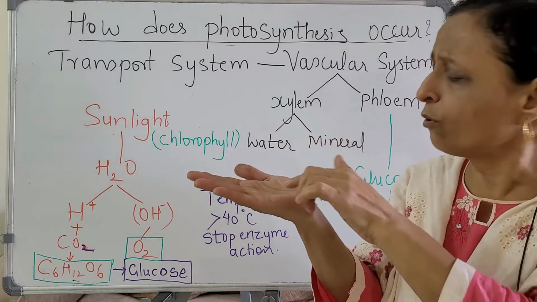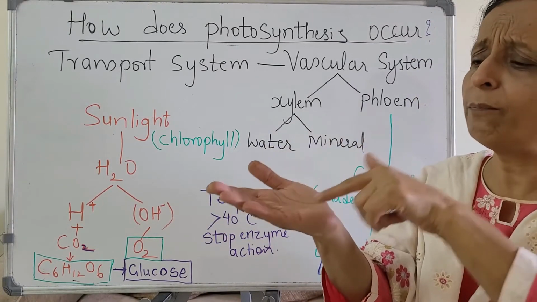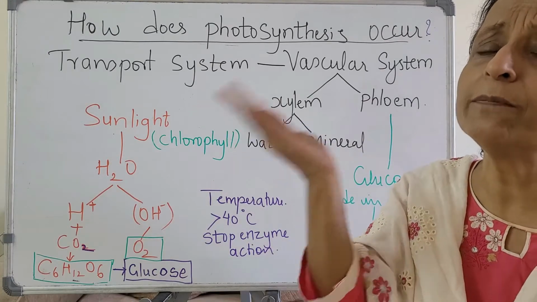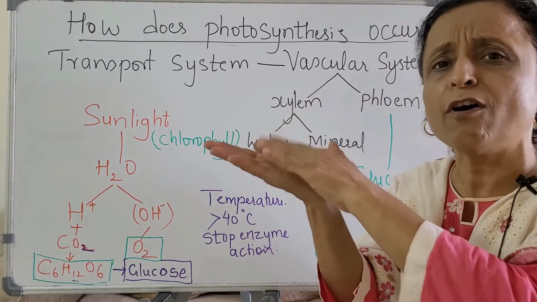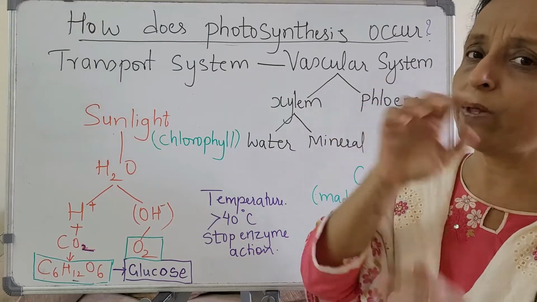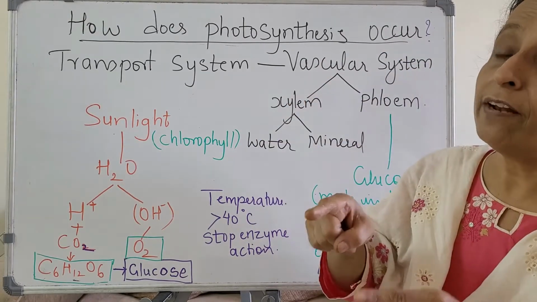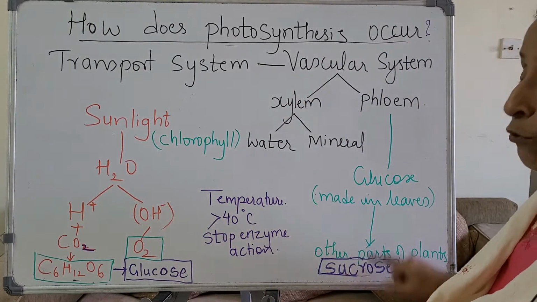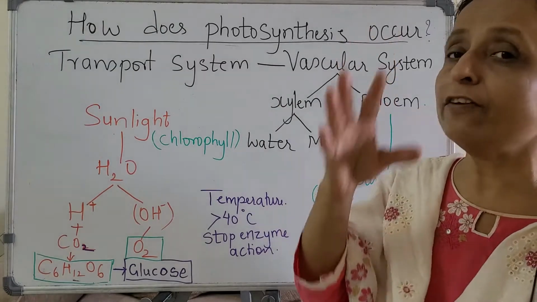Now, this glucose will go on forming complex glucose and they will form starch. During the day, it will form starch. At night, when there is no sunlight, it will get converted into sucrose, a simple sugar, which dissolves in water.